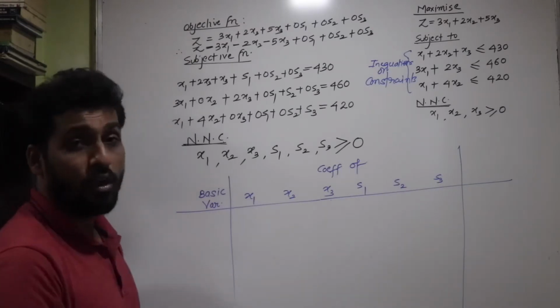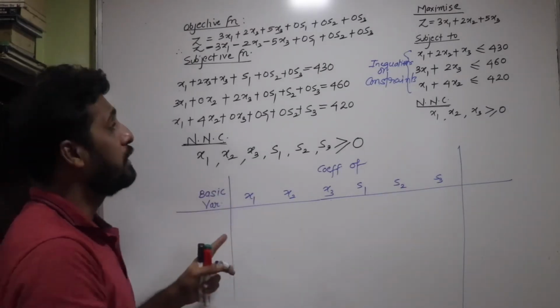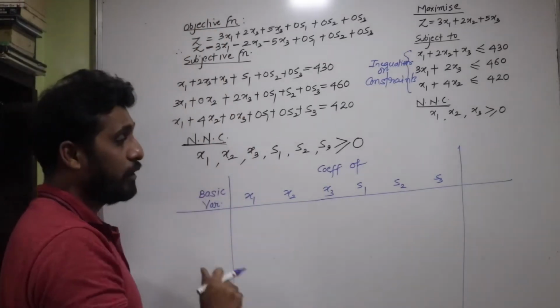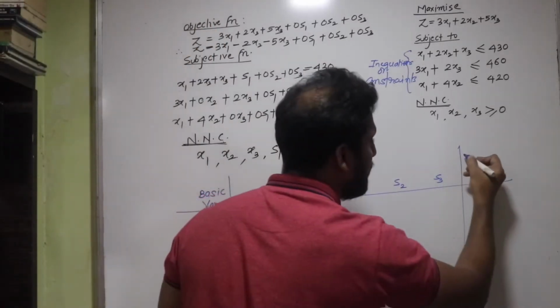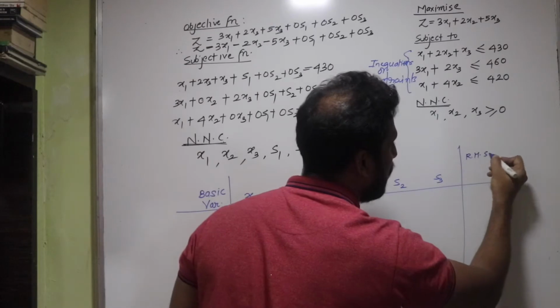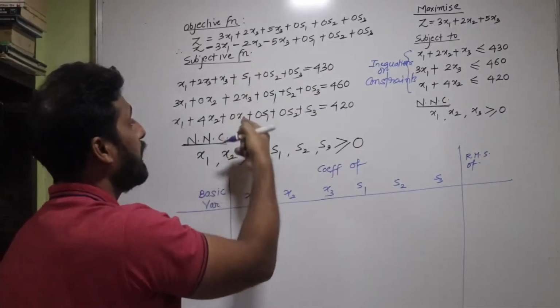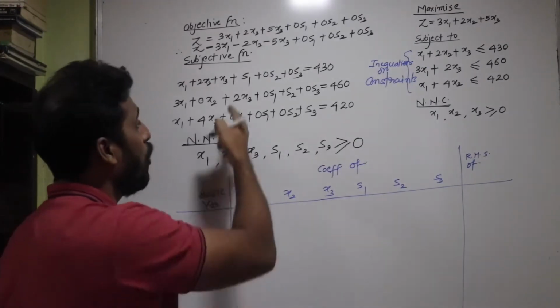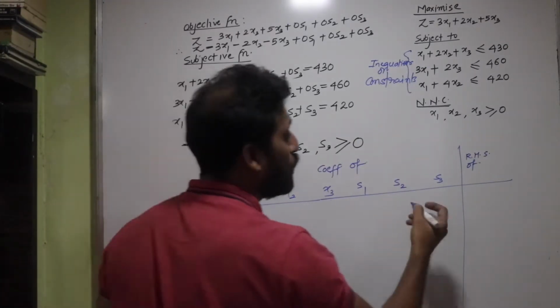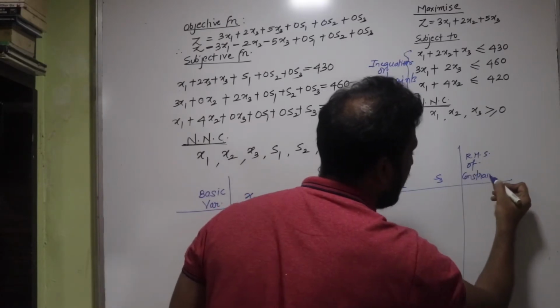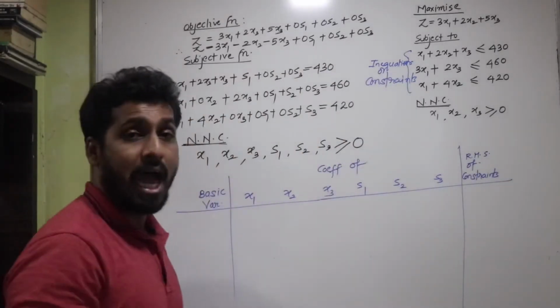So the coefficients of all the variables, either they are in the subjective functions or in the objective function. Next one is the right hand side of all the subjective functions, the right hand side of the inequations, or you can say the constraints. So RHS of all the constraints is the next thing that you should be writing, RHS.